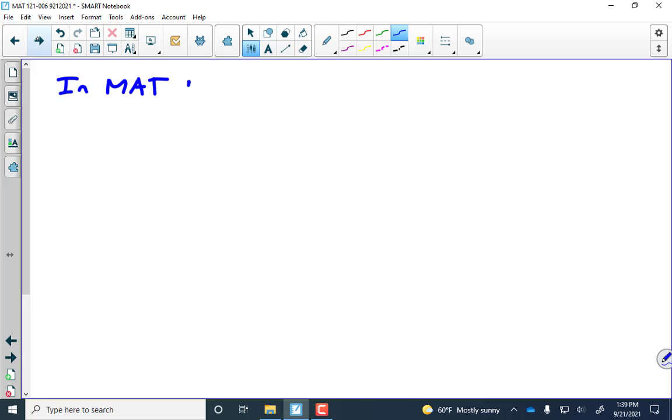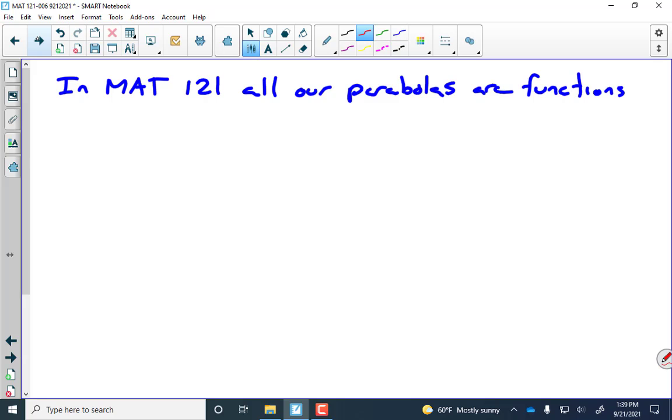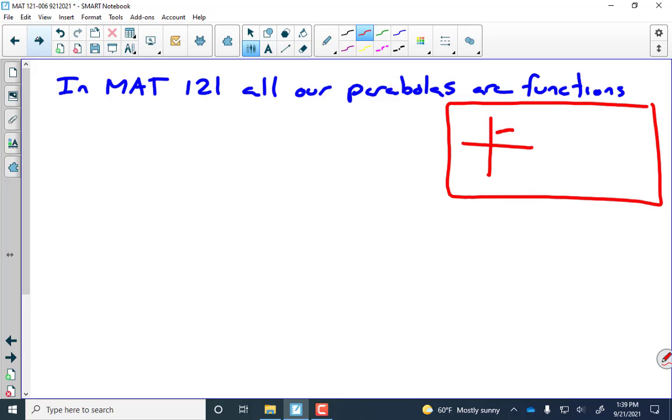In Math 121, all our parabolas are functions. It is possible when you're studying other things in math that you will study parabolas that open up to the left and right instead, like this.